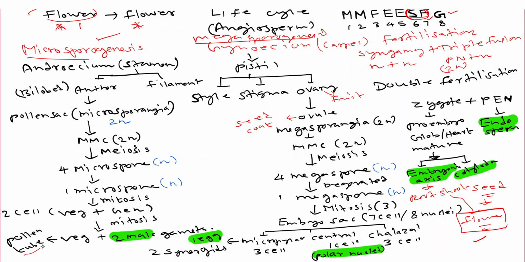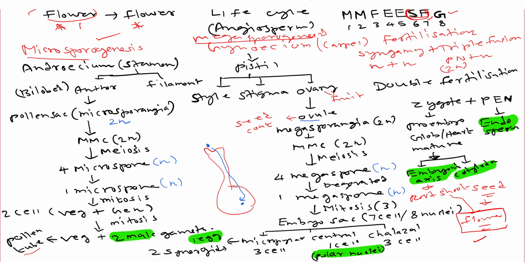First the pollen grains are developed, and then the pollen grains enter the stigma, and they create the pollen tube and reach the ovule.